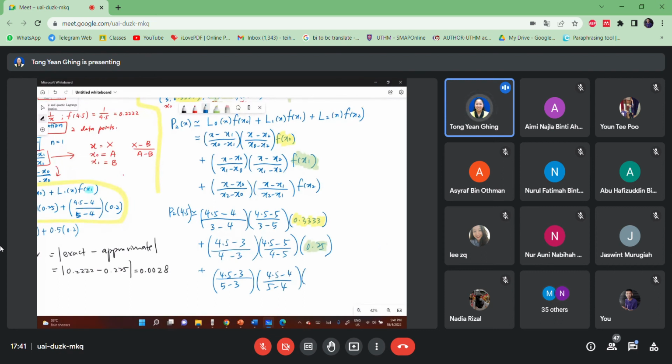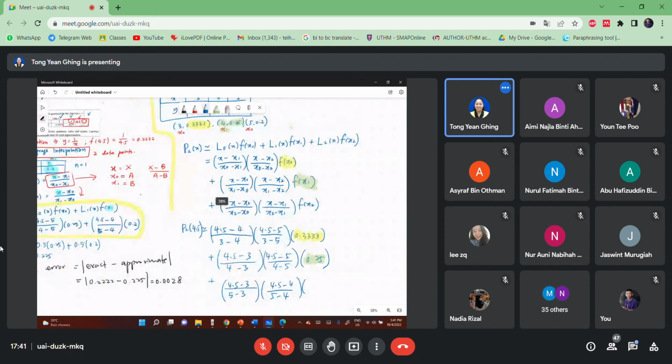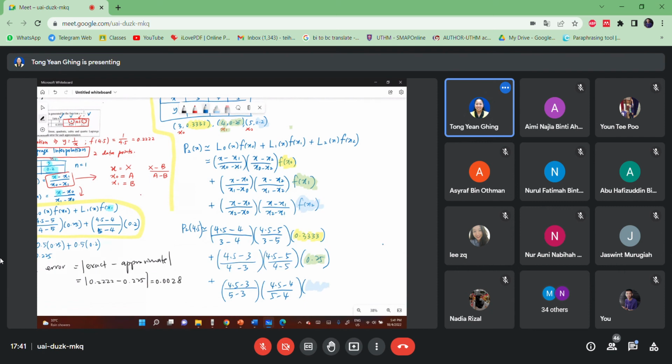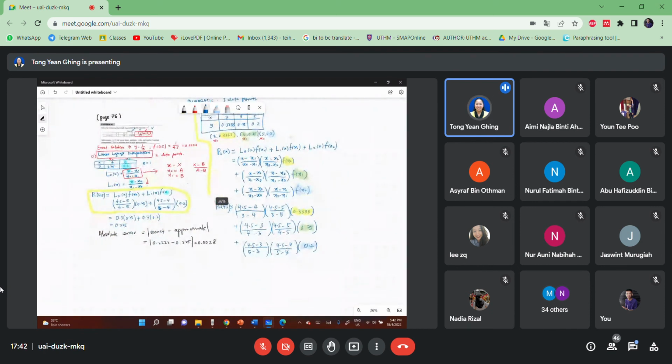So this is the value of f(x2), that means 0.2 here. So how much do we get?